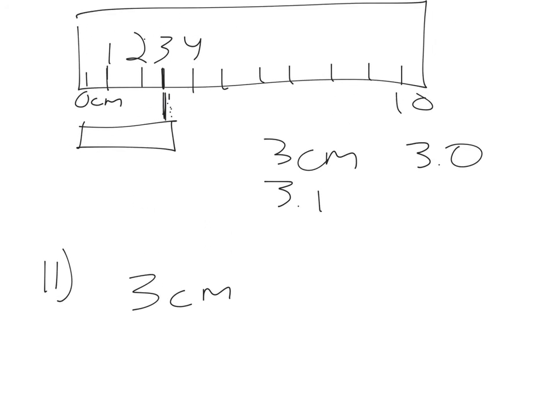All right, 11. Using ruler B from model 4, Tony recorded a measurement of 3 centimeters. Explain why this was an invalid measurement. 3 centimeters. Well, like I just said, if you have a ruler like ruler B that has every single centimeter marked, you can estimate further than that.